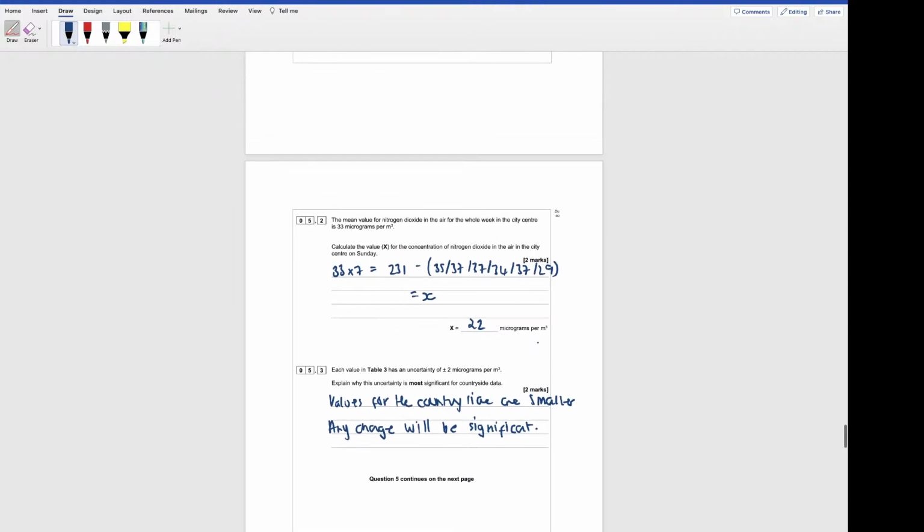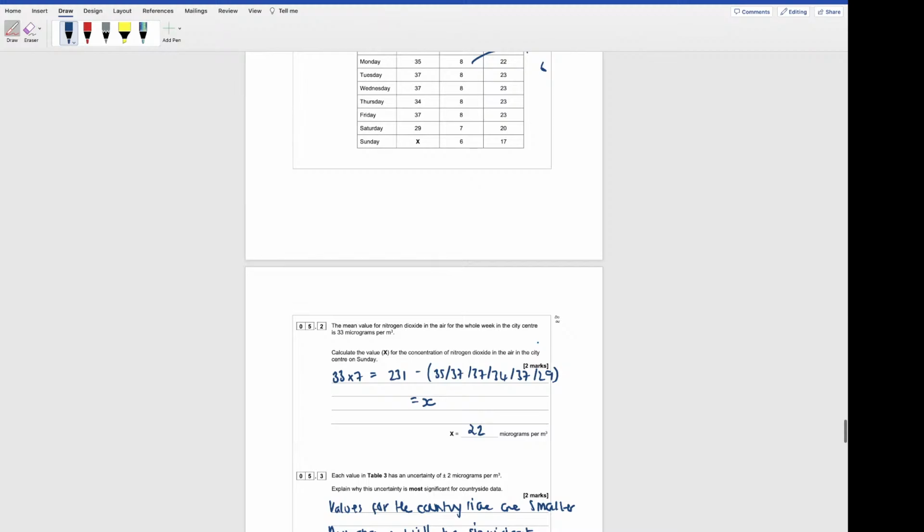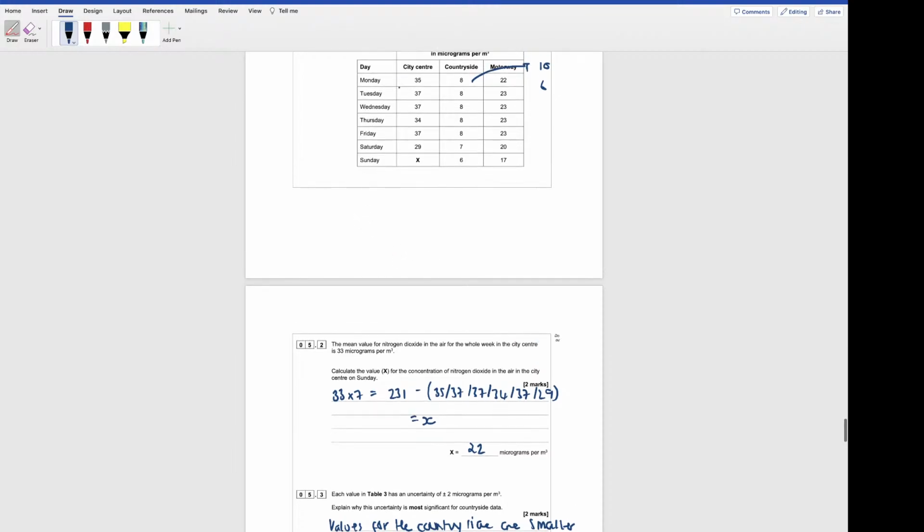So if you're looking at the table for the city centre, let's take Monday's value for city centre, a plus or minus 2 for this wouldn't really affect it that much. You know, you're having highs of 37, lows of 33, you're pretty close to that value, and really it's not going to make that much of a difference. But for small numbers, a change of plus or minus 2 affects it dramatically.